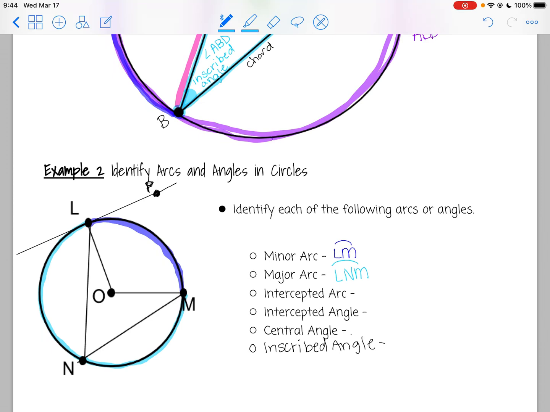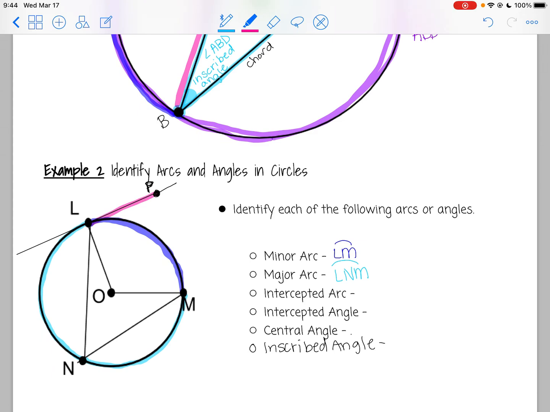All right, the next thing we're going to look at is the intercepted arc. That's created by the tangent line, and that's going to be where the tangent line meets the chord that touches it. So this does need to go all the way across the circle. If I'm looking at this one, I'm going to go from P to L. First, I'm going to find my intercepted angle so that can help me figure out my intercepted arc.